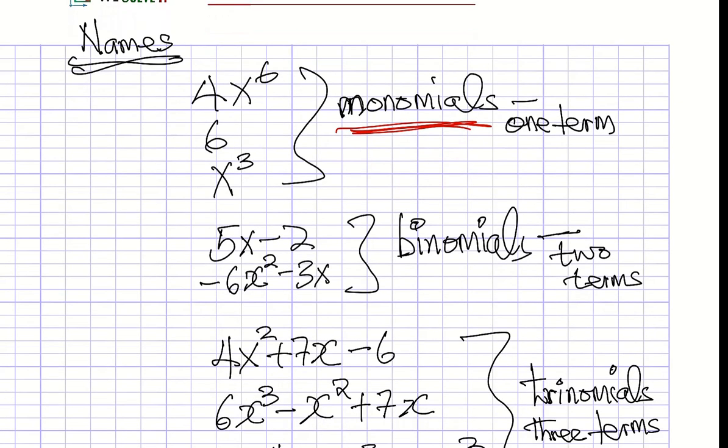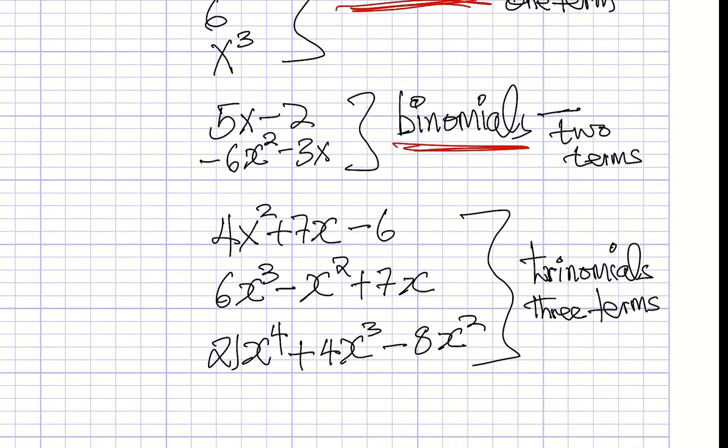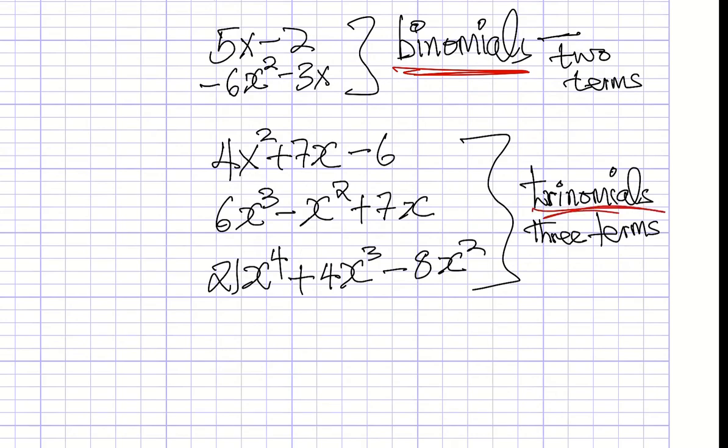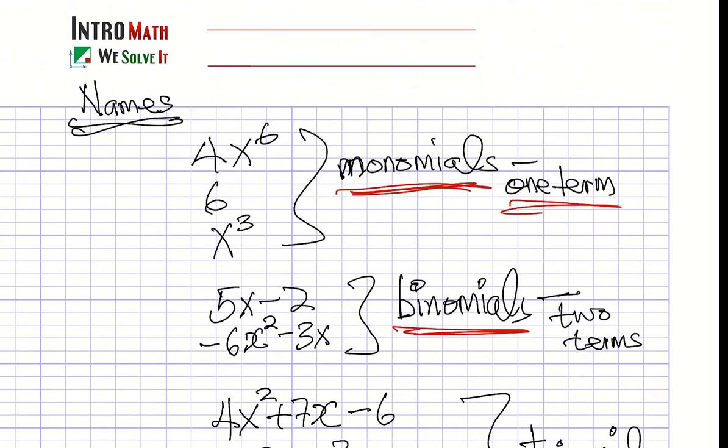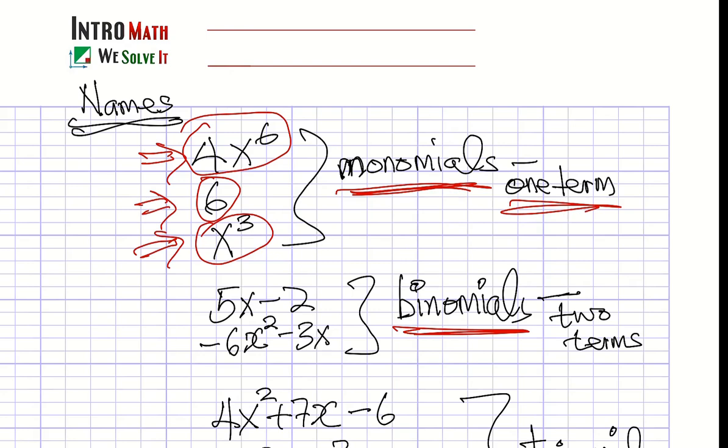There are monomials, binomials, and trinomials. Monomials only got one term. Those are examples on the left, right there. This is one term, this is one term, this is one term. Each is an example of a monomial.